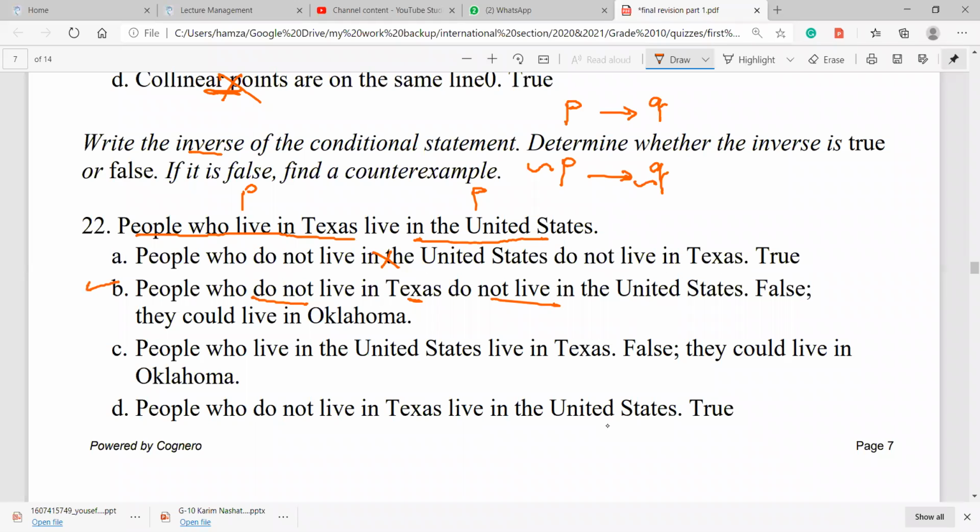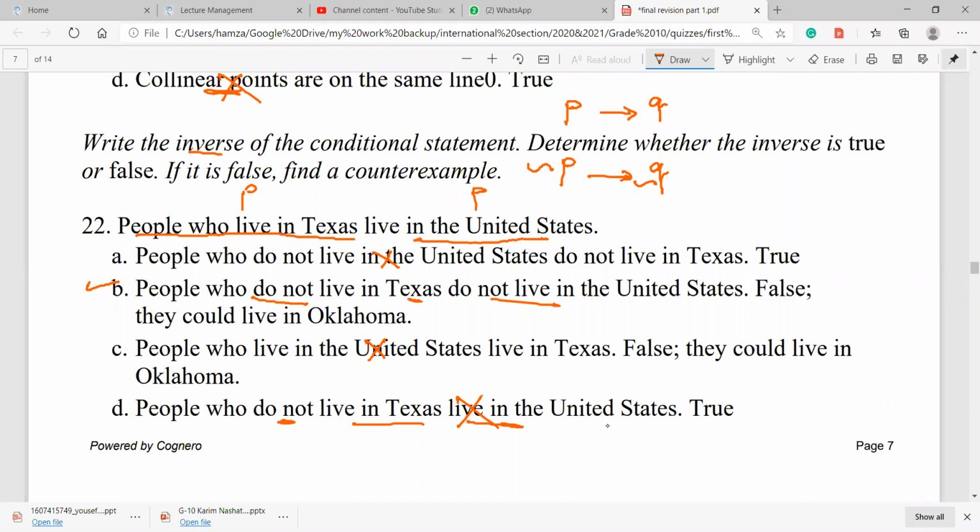People who live in United States, wrong, because he changed the places. United States must be last. People who do not live in Texas live in United States. So he wrote the negative form of the first statement, but the second one is not in negative form. So this will also be wrong. So this is the only right one.